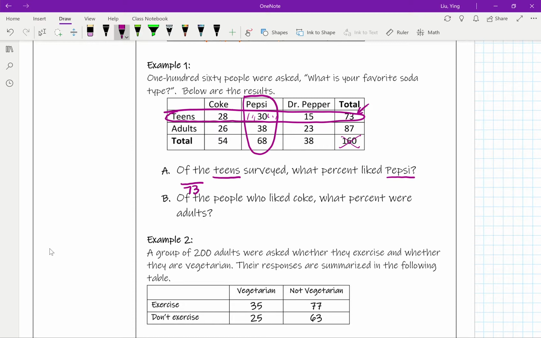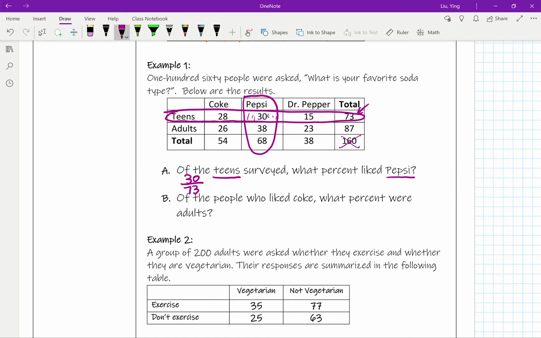So what it's saying is, out of all these 73 teens, what percent of them like Pepsi? Well, we already found out, 30 people are like that. Okay? So that's how we would set up a fraction for a conditional relative frequency.